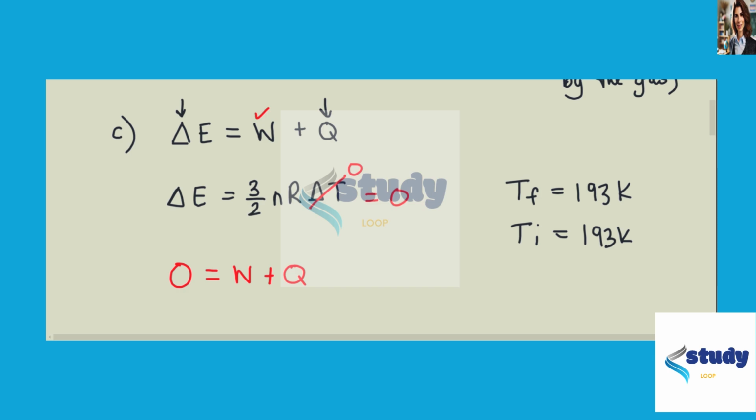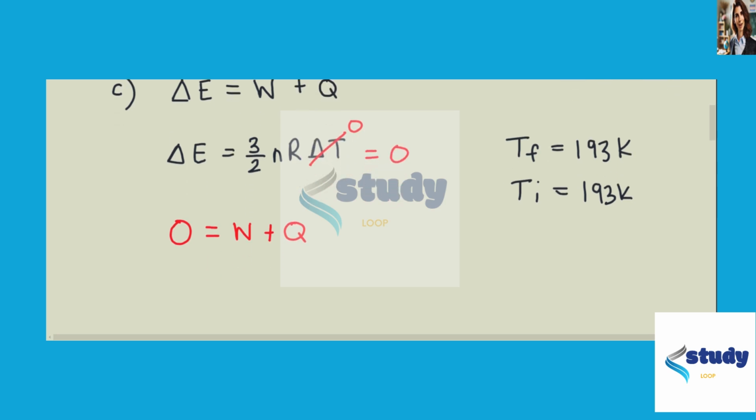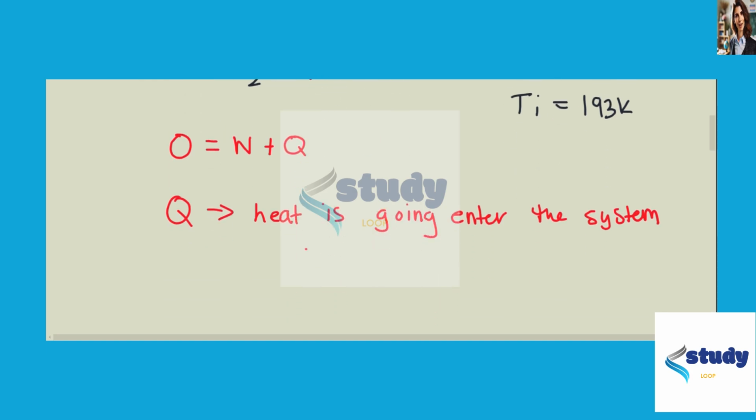Any energy that we lose due to work has to be replaced by the heat. So heat is going to enter the system. And it has to, numerically speaking, be exactly balanced out by the work in this situation. So that means that there's going to be exactly 500 joules of heat. Okay, so that's the final answer there to part C.